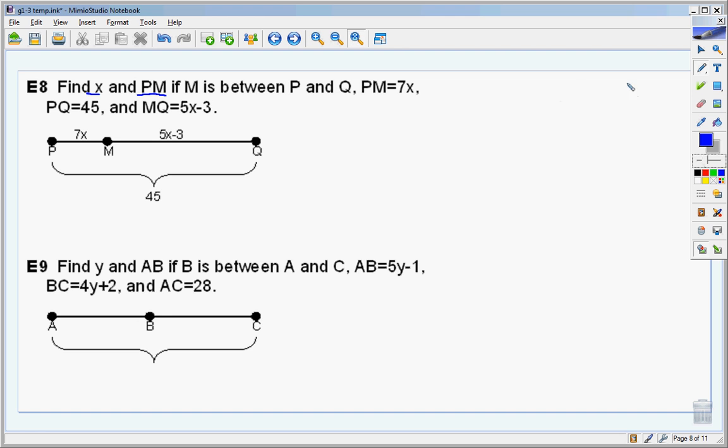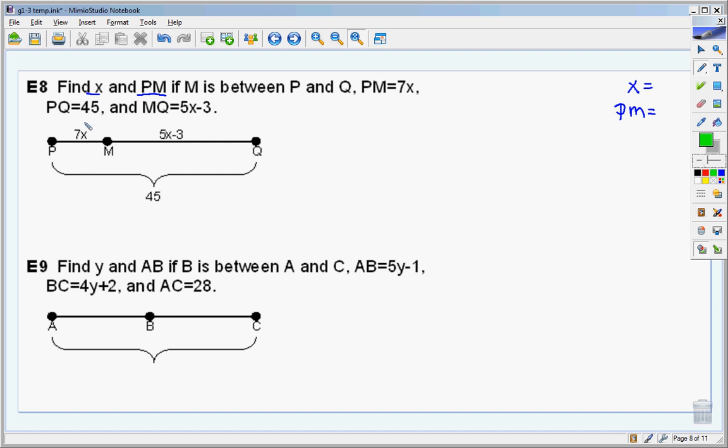So I've got to find out what x equals, and I also got to find out what PM equals. That's what the question's asking me to find. And this is why we spent time working on our algebra skills up front, because we're going to use the segment addition postulate to figure this out.